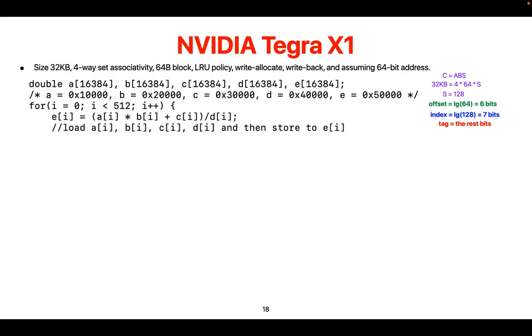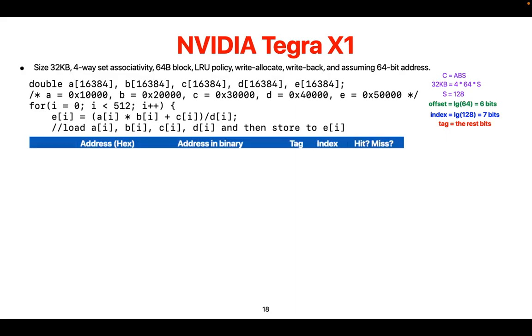It's 10,000 in hex, right? So the very first address is 10,000 in hex. So now partition this 10,000 in hex. What I will get is a tag equal to 8 and an index equal to 0. So hit or miss?